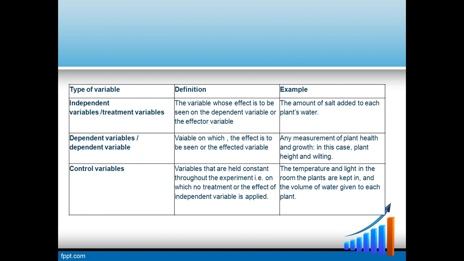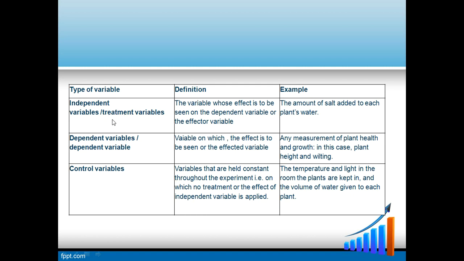If we have to see the effect of a feed additive on a group of animals, then the feed additive is the independent variable, and the group of animals on which you have to see the effect of the feed additive is the dependent variable. So the feed additive is the treatment variable.